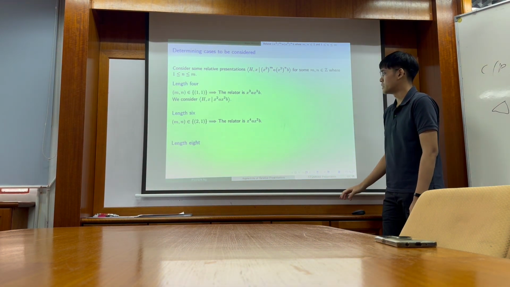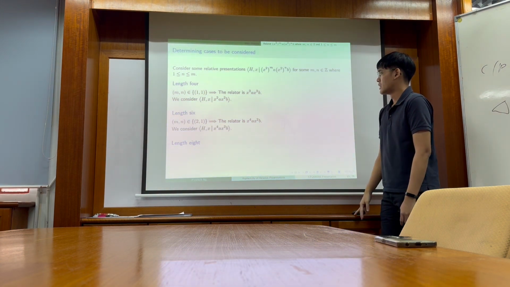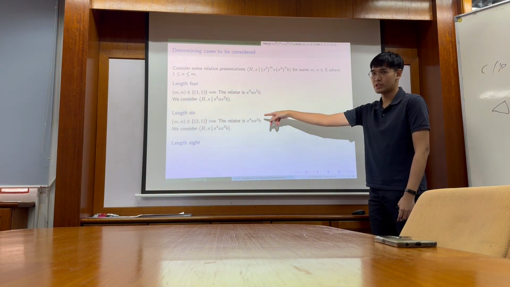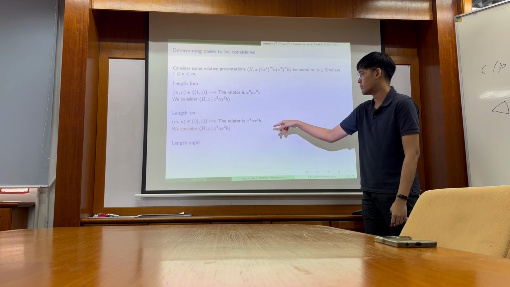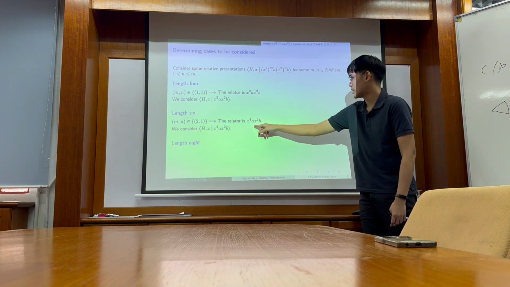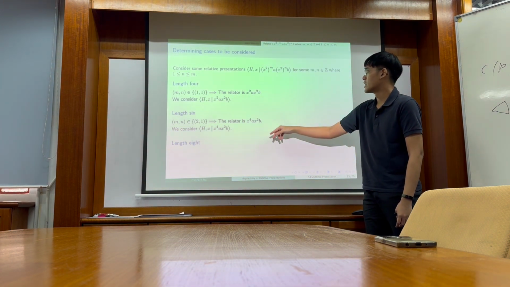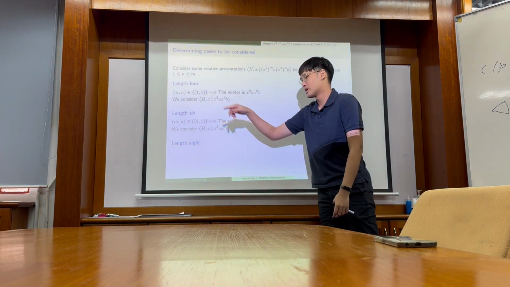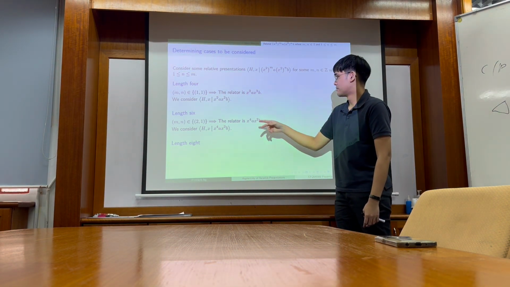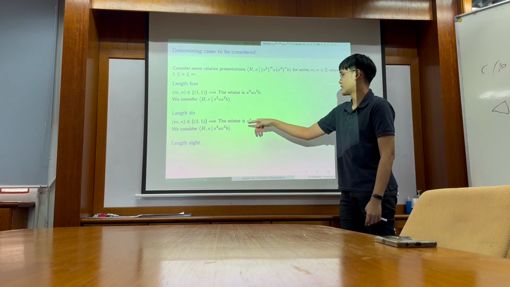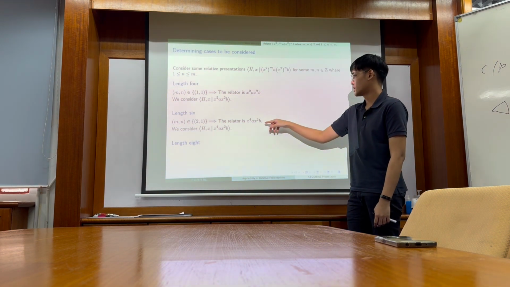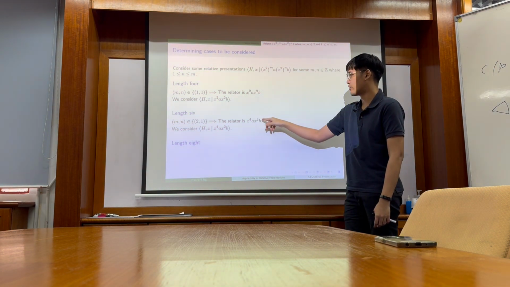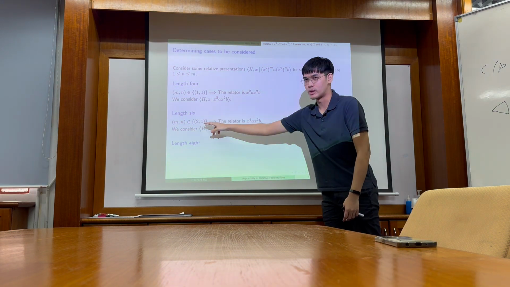Length 6 also similarly has 2, 1. There is another length 6 presentation actually, 1, 2. So this one should be x squared a, x to the power of 4b. But because we have this condition here, we only consider 2, 1. Because the other relative presentation, the x squared a, x to the power of 4b, is equivalent to this one.